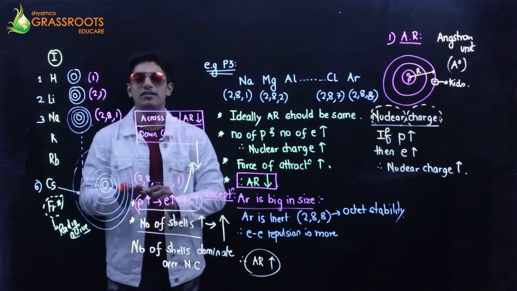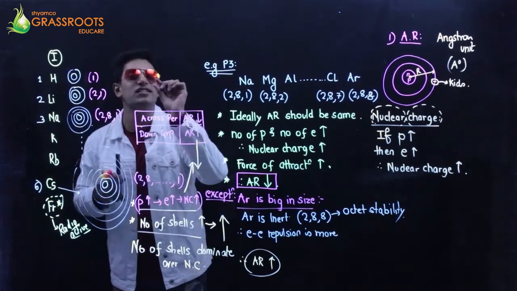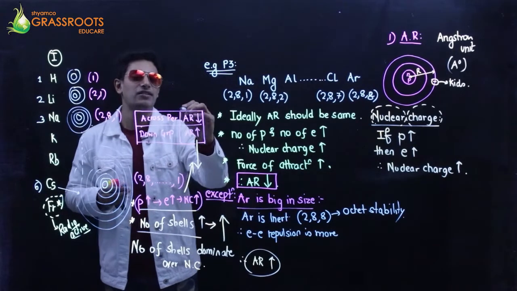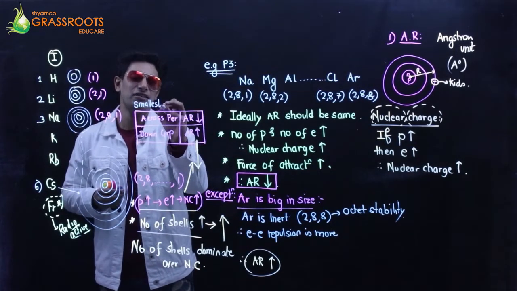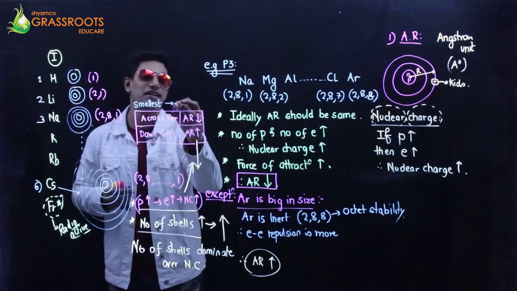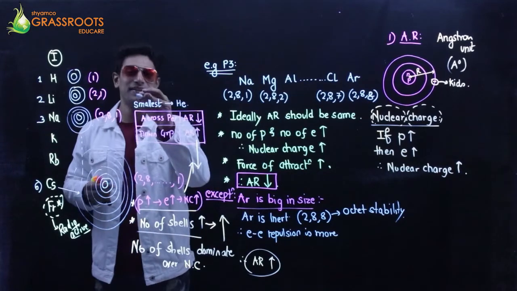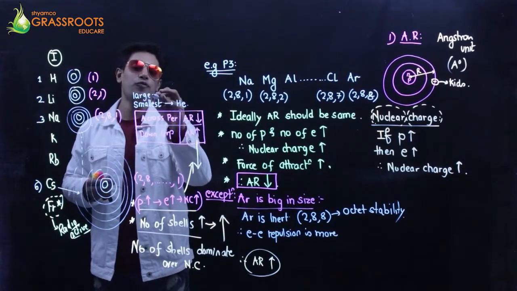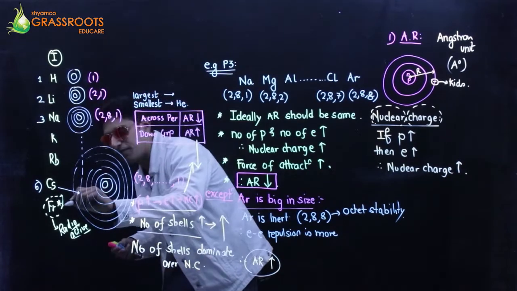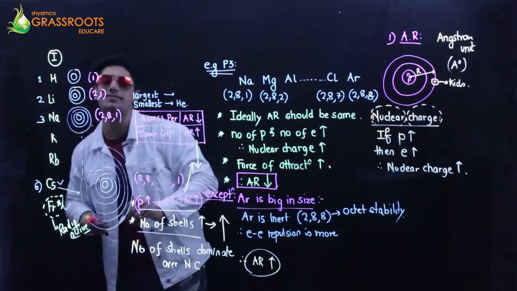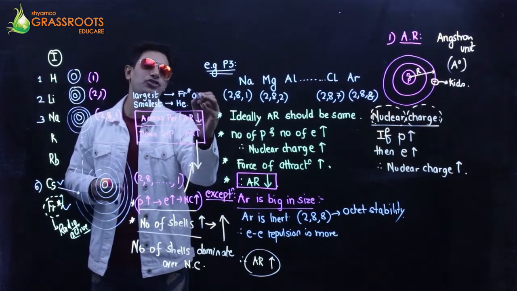And if you ask me, sir, in the entire periodic table, which is the smallest element? The element having the smallest radius is helium. And which is the largest element? The largest of all elements, having the largest atomic size, ideally it is francium, but you can say it is cesium. So now this is a contradiction. It can either be francium or cesium.